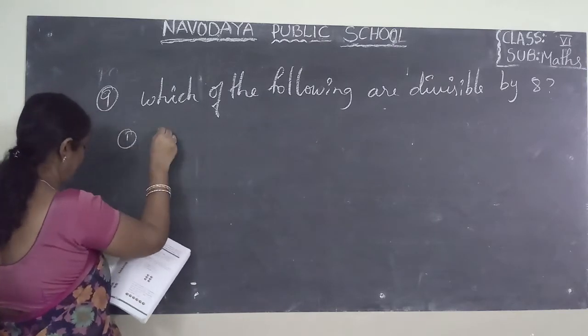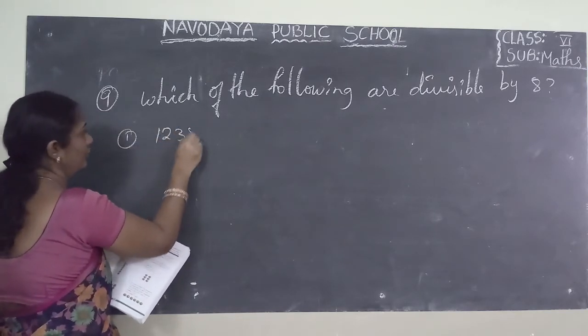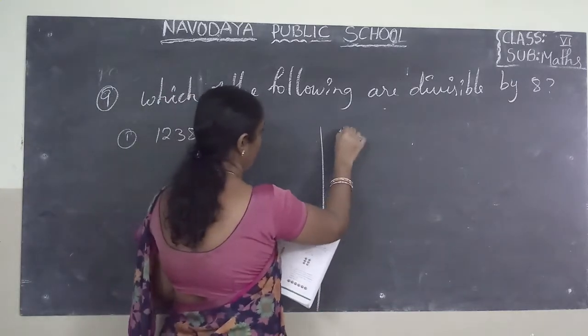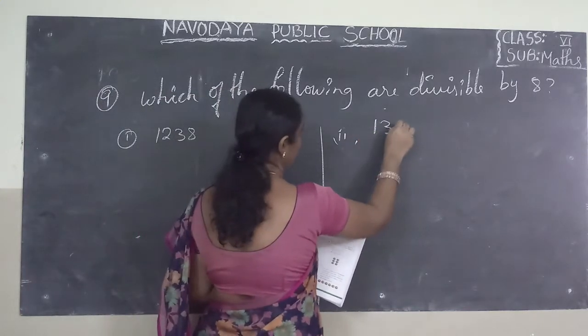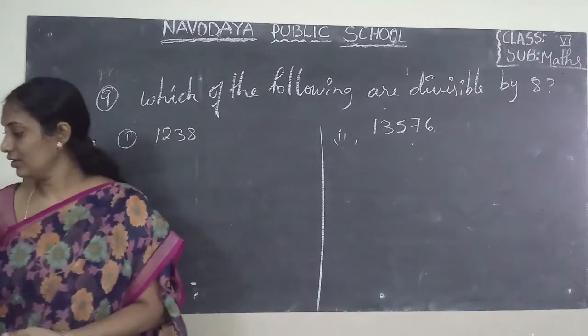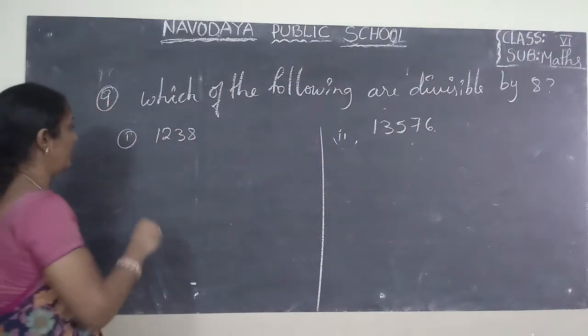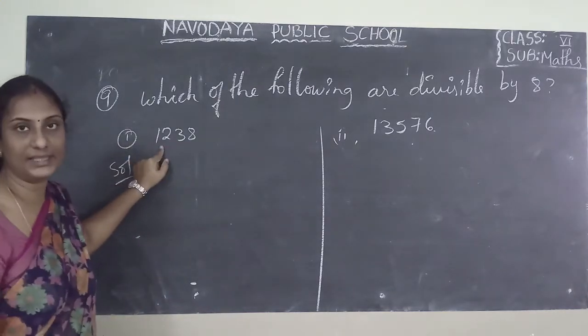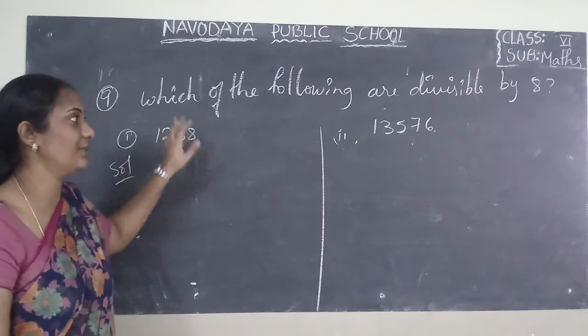So first one, here they have given 4 sums to you. I am saying 2 sums. Okay. Now see the first one. What is the first one they have given? What is the number? 1238. This number must be divisible by 8 or not.